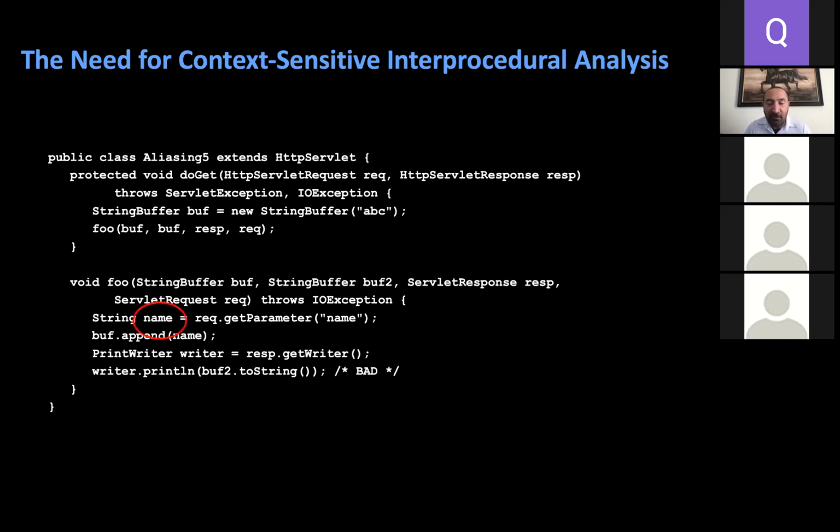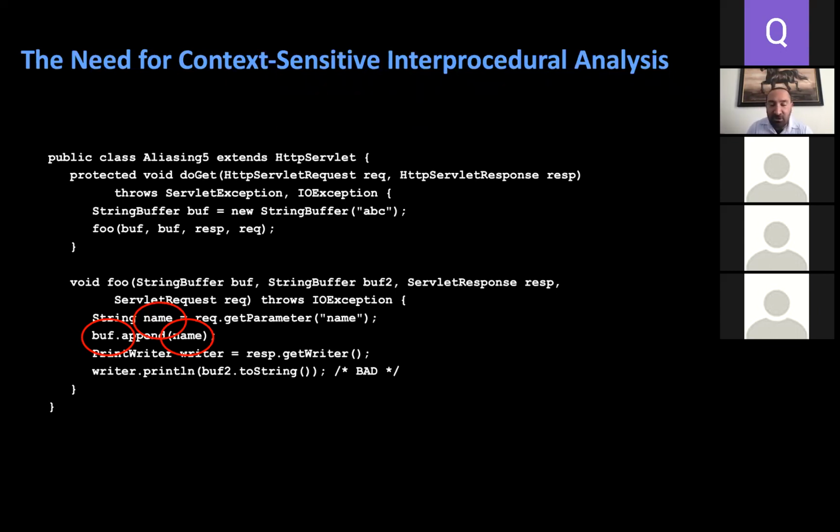Also, let's look at this example. You see that the variable name here is tainted because it comes from the open world. And if we follow the flow, we see that the variable buff, a stream buffer, becomes tainted as well. But fortunately, it looks like we're not in a bad situation because the last instruction is not revealing buff, it's revealing buff2.